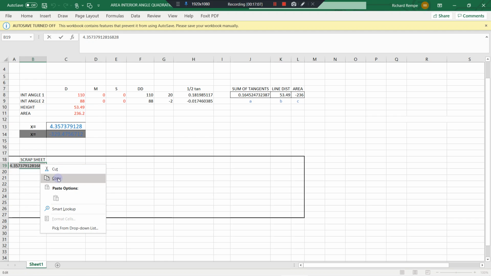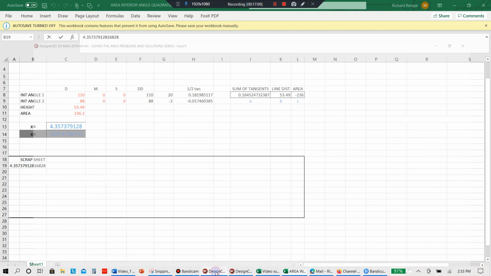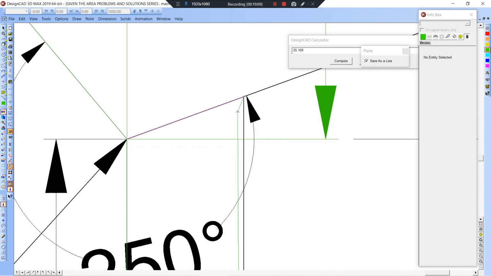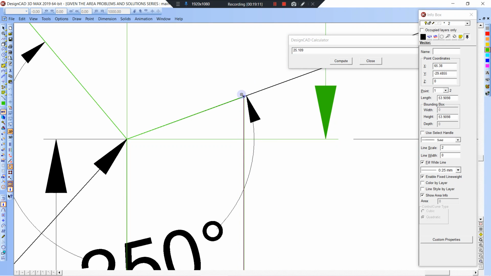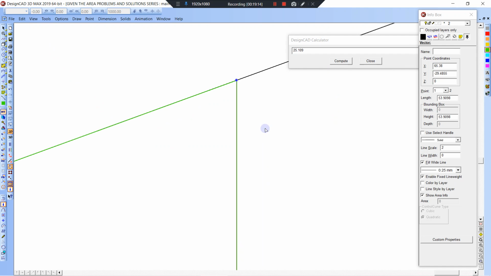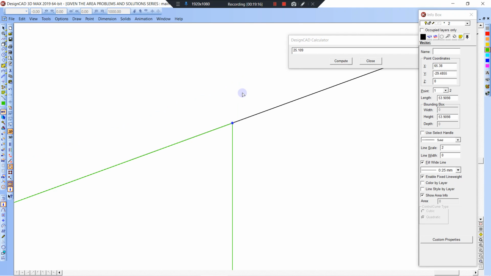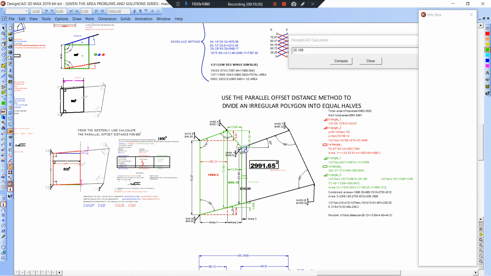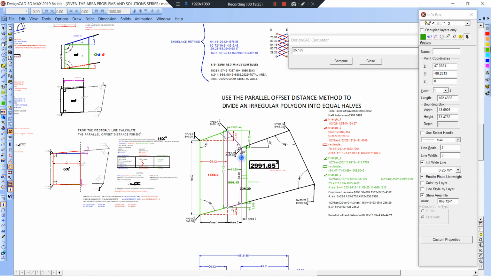Copy that. Go back to iCAD. And we're going to do K. Looks like a double line to me. Oh. Let's take a look and see what the area is there. 29.90.4.